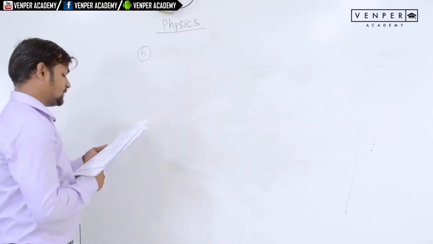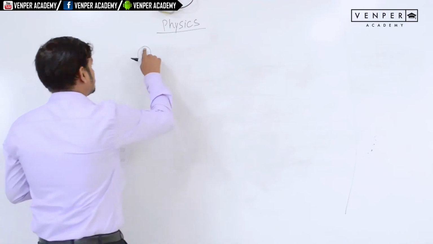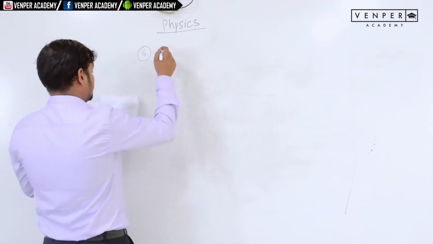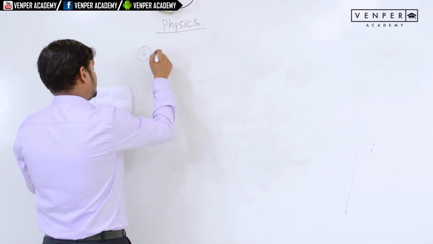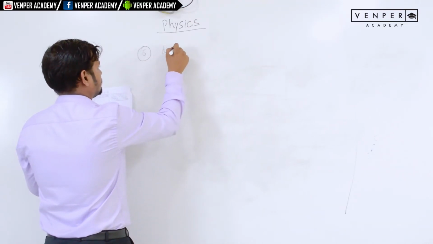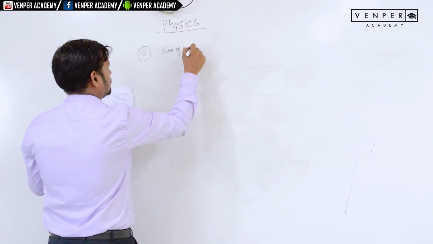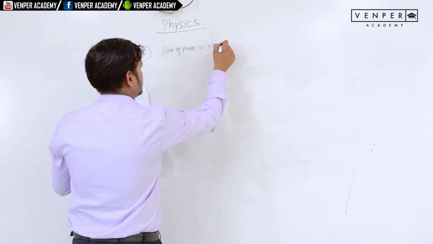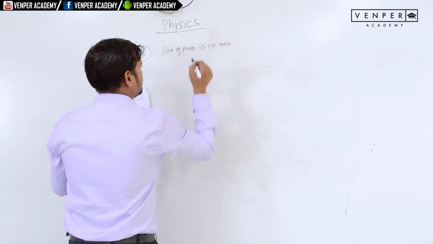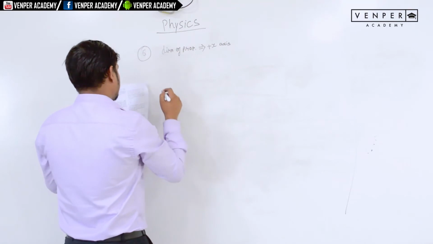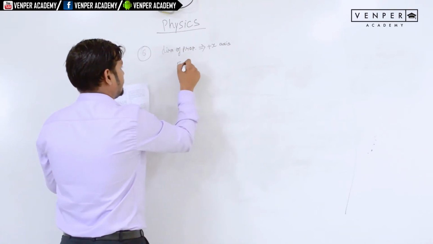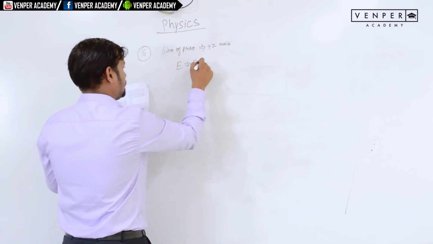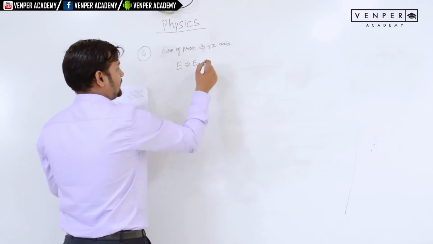Okay, see, in question number 6, it is saying that the direction of propagation is the positive x-axis, clear? And the electric field E is along the positive y-axis, clear?